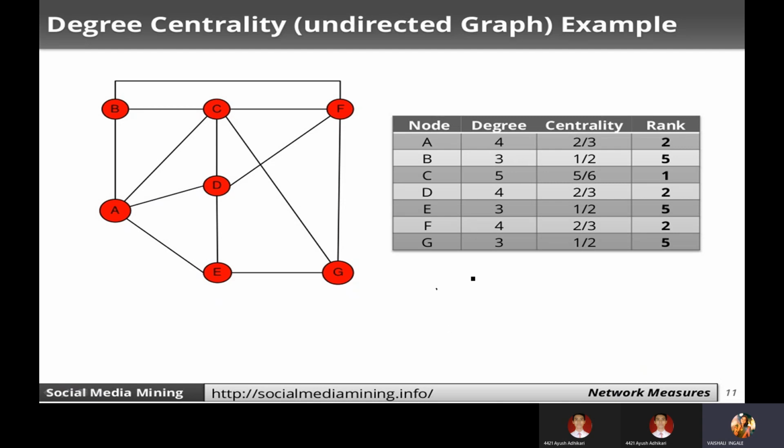As we are going to use max degree centrality normalization, according to the formula, CD of Vi is nothing but Di divided by n minus 1. So it will be 4 divided by 6, and that is nothing but 2 by 3, right? According to this, we calculate the centrality of a particular graph.